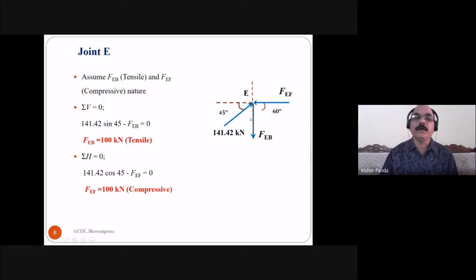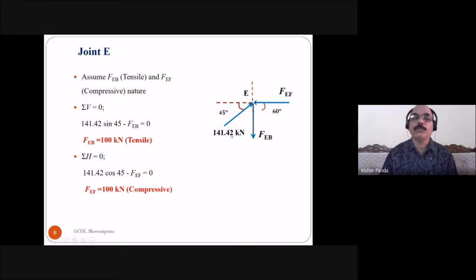Again you apply the equilibrium equations, that is, the summation of vertical force is equal to 0 and summation of horizontal force is equal to 0. So here this is the inclined force, and you know this force. So you have to take the vertical component of this force. This is 141.42 sin 45, and the arrow mark is in the upward direction, so you take this as positive, and this arrow mark is in the downward direction, take this as negative.